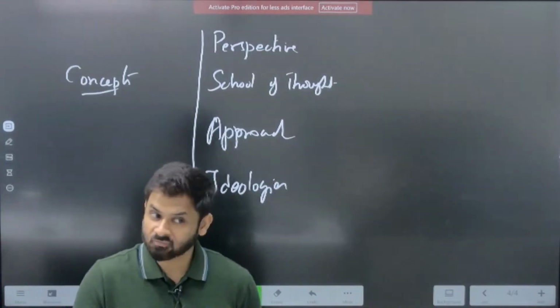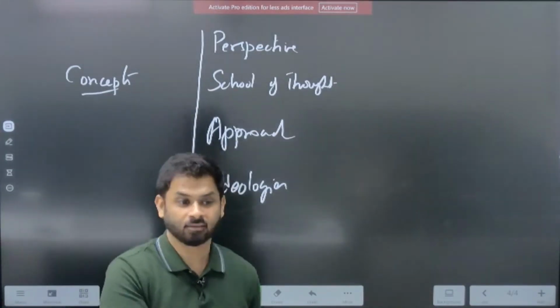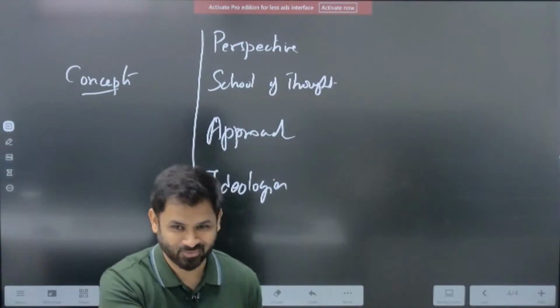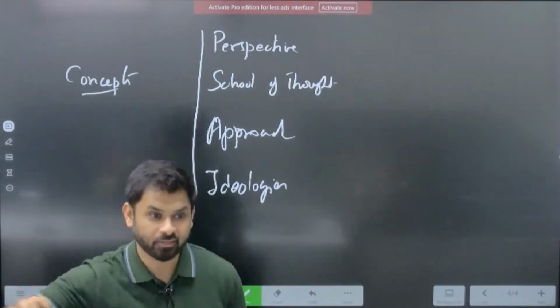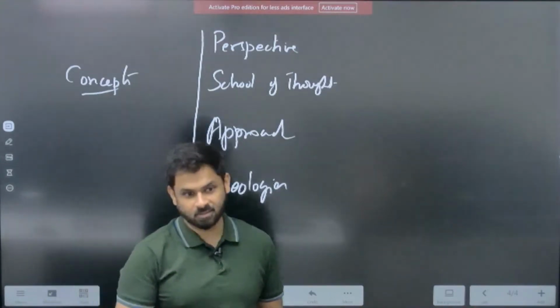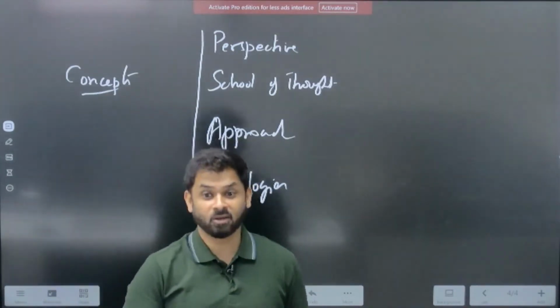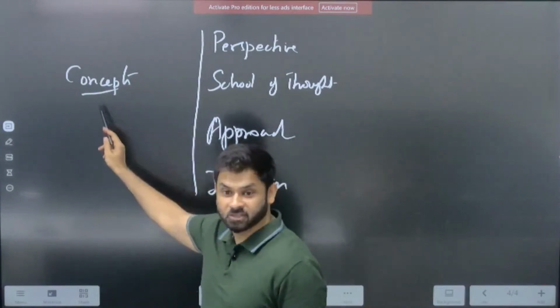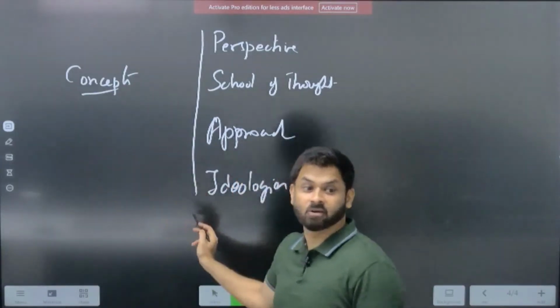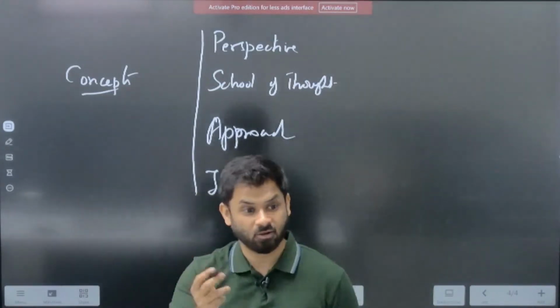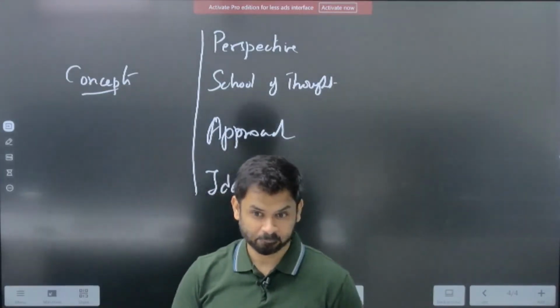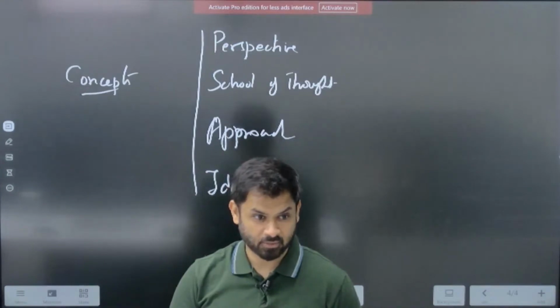Liberal is related to liberty only, no? And a socialist will give more importance to social equality, isn't it? So different people are going to give different interpretations to the concept based upon their ideology also. A liberal will have a different idea of state. Clear? Are you getting the point?